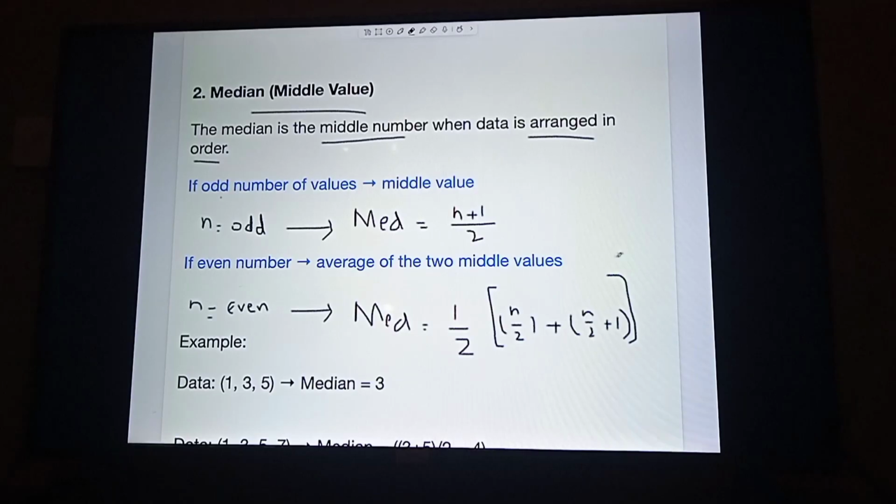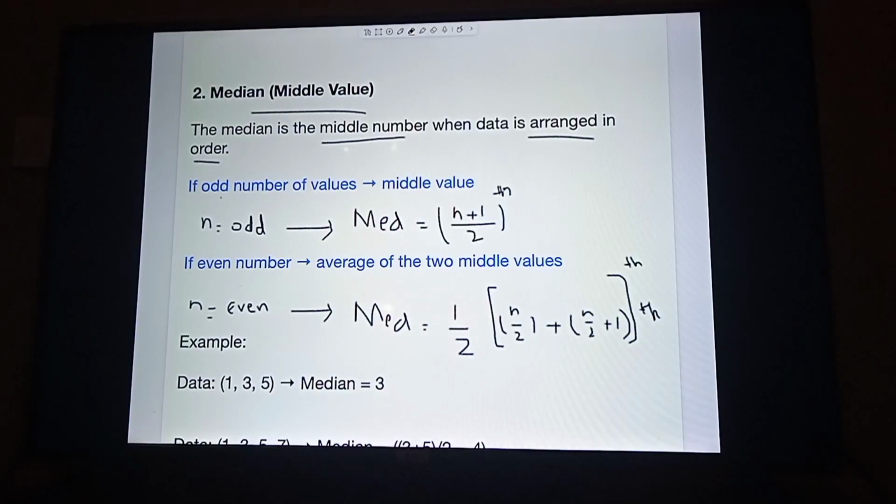But this is the location. Here you are locating where the median is, from the serial number. Average of these values, and here it is the (n plus 1) divided by 2 value.